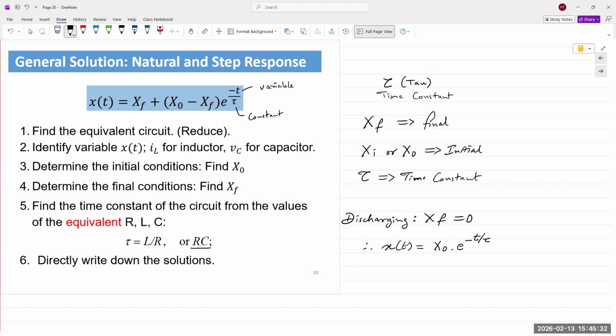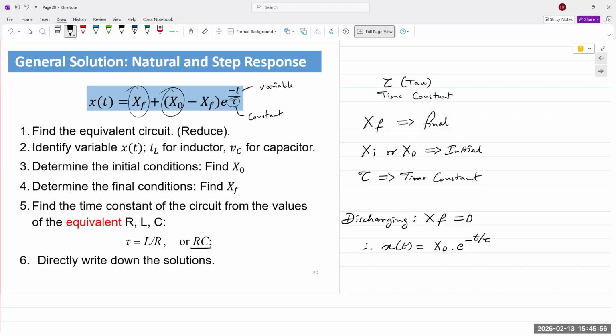If it's flowing out of the components, we say it's discharging. If you wish to write an expression for this portion of the analysis, we need a starting point, we need an end point, and we need the speed of this transfer. So starting point x0, end point xf, and the speed, which is tau.